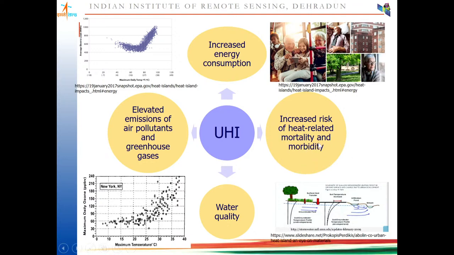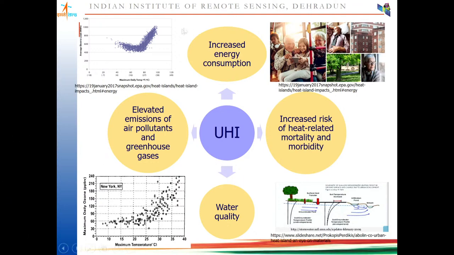When the temperature is high, the chances of heat cramps and heat stroke also increase. It even has an impact on air pollutants and greenhouse gases. It is established that as temperature increases, there is an increase in ground level ozone, and ground level ozone is a very allergenic constituent of the urban atmosphere, and it increases respiratory problems.